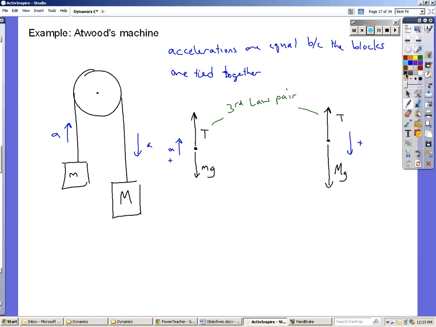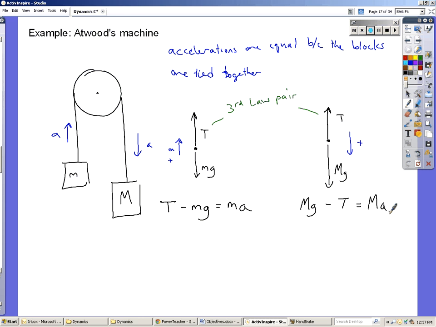So if we write down Newton's second law for the smaller block, we get the tension, which points upward, minus its weight, equals ma. And if we write Newton's second law for the larger one, in this case the weight is positive, the tension is negative because it points upward, and that equals not little m times a, but big M times a.